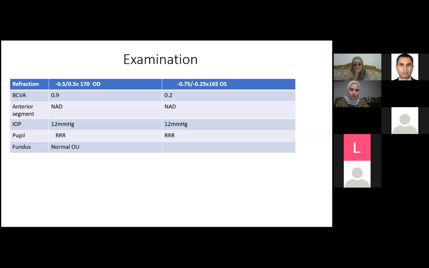It's my pleasure to share my 3 cases with you today. The first case shows a normal anterior segment, normal intraocular pressure, normal pupil, and bilateral normal fundus.